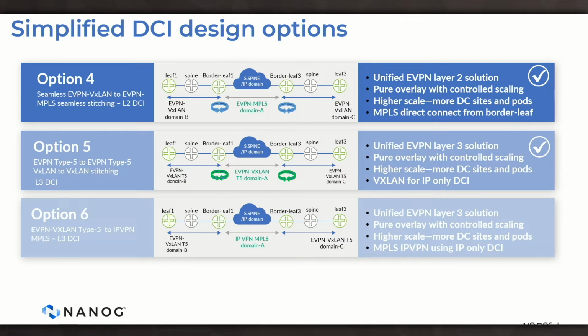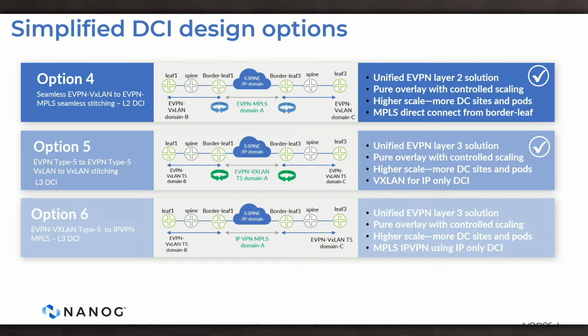It means I can have my IP VPN-like service delivery closer to the server, and then terminate my Type-5 instance tunnels at the border leaf level, similar to what we've seen for the L2 part, and then stitch these Type-5 tunnels to the Type-5 interconnect tunnels at the border to reach the remote site.